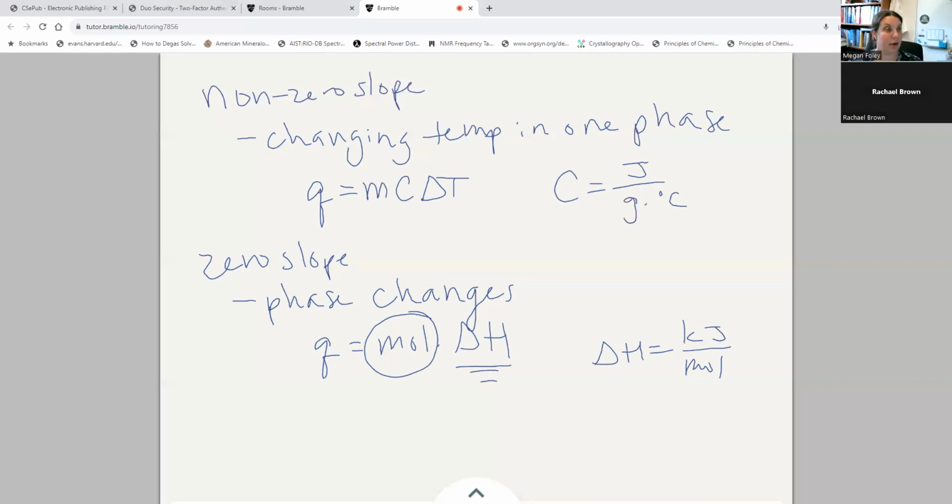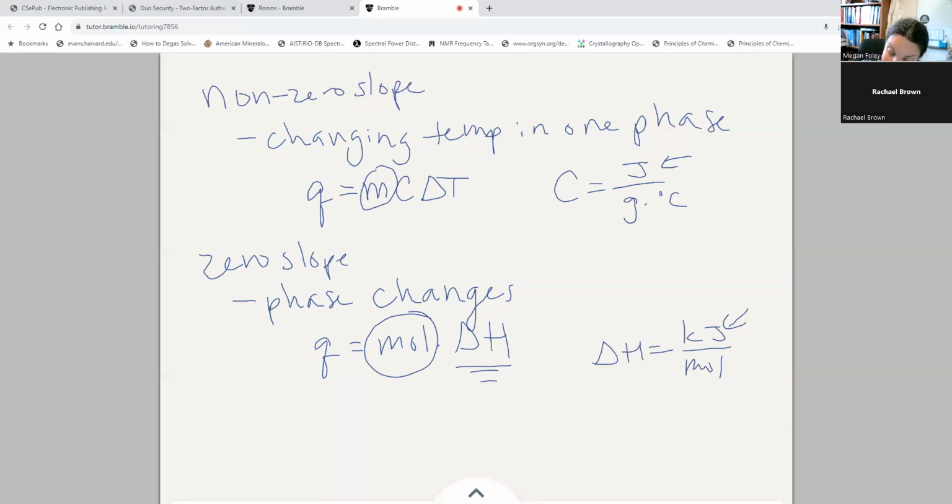So generally this specific heat is given in grams, so we're going to have our amount in grams as well. Another thing to note, this is generally in joules, this is generally in kilojoules, so we're going to need to transform one to the other.